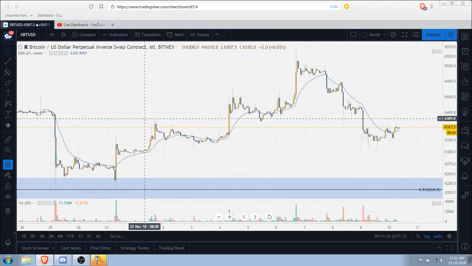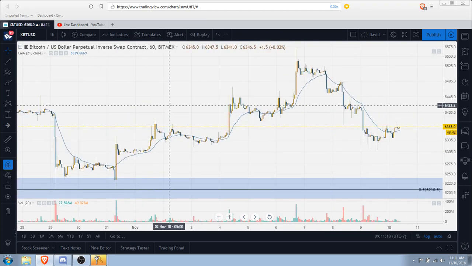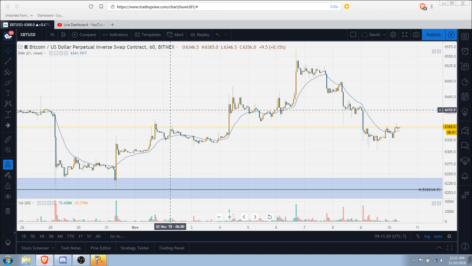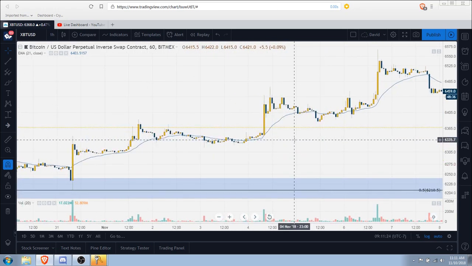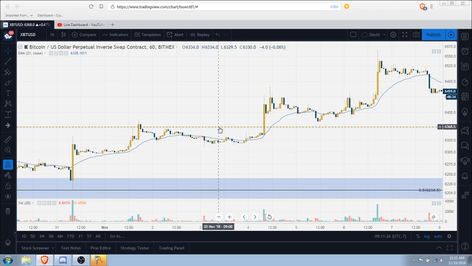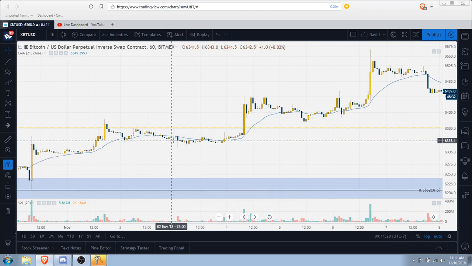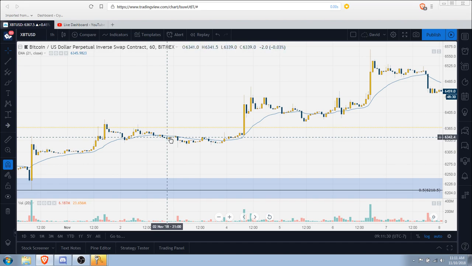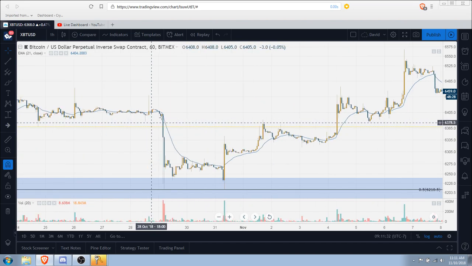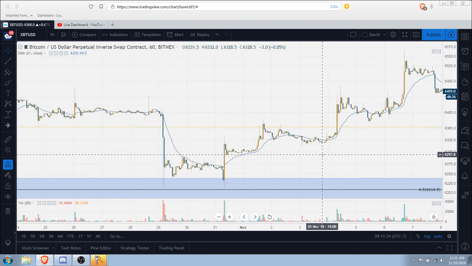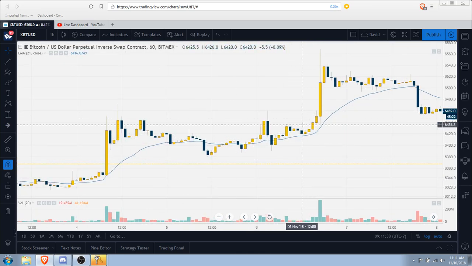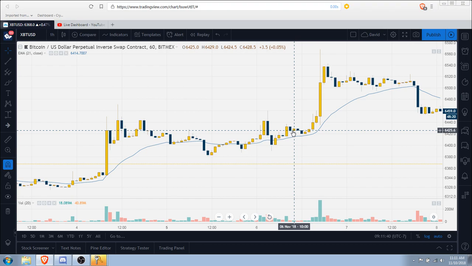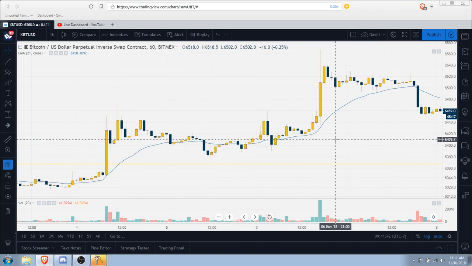But I feel like the 21 period moving average follows price closely enough that it signals a bunch of noise, so you can get a cross above or below, and it doesn't necessarily mean that price is going to drop or rise, but you never run into any times when price is making massive moves away from it.